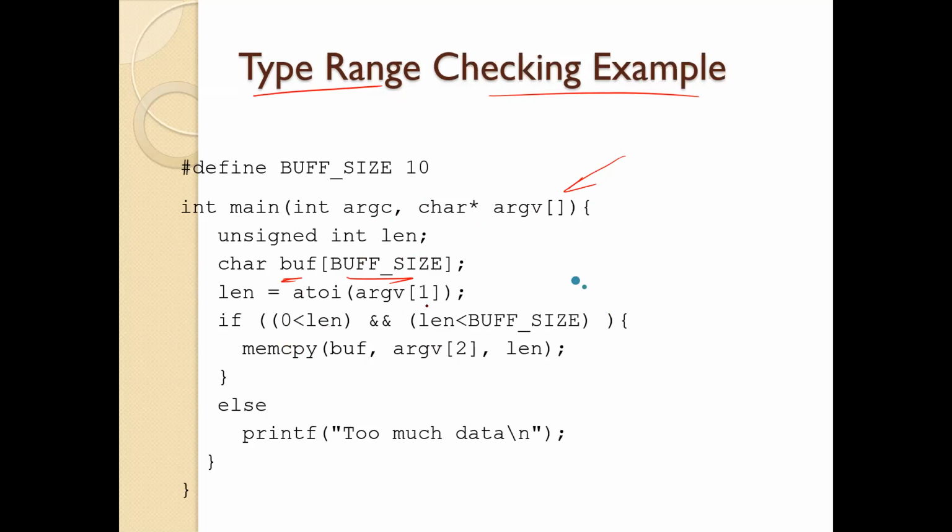And then here we can read in the value, convert it to integer to establish the length that we want, okay? And then we just have some if statements to check that the values are in fact what they should be. So length is somewhere between 0 and buffer size, right? And so before we do the memcpy, we actually check the ranges. So that's pretty much what it is. Range checking example.